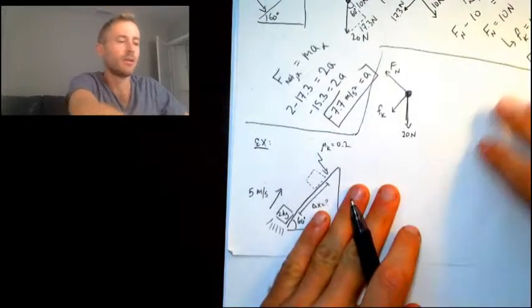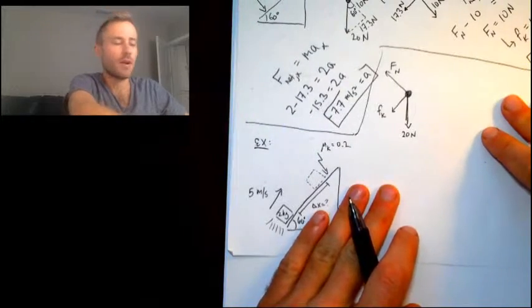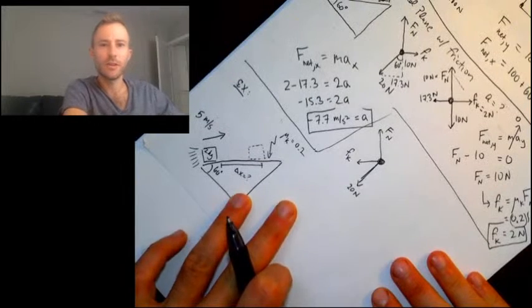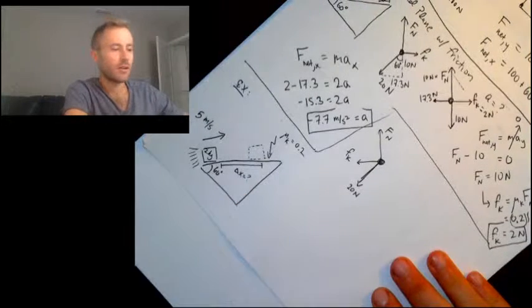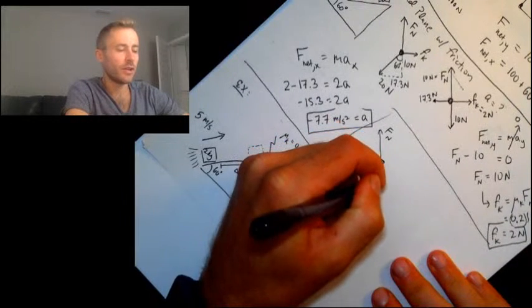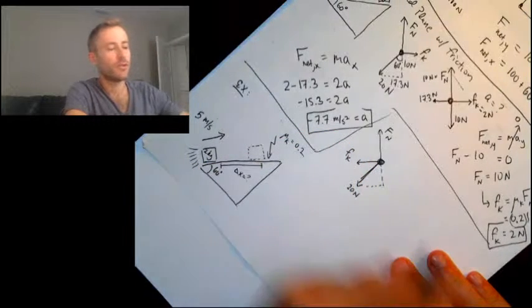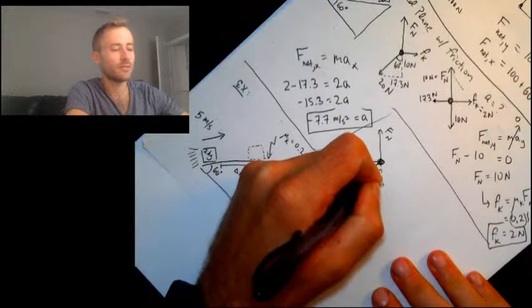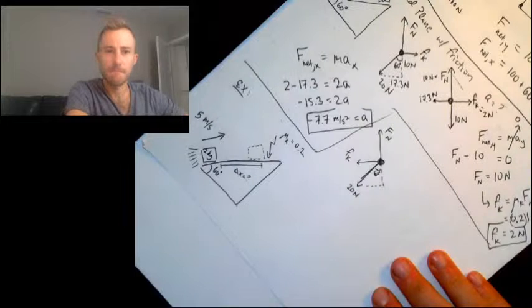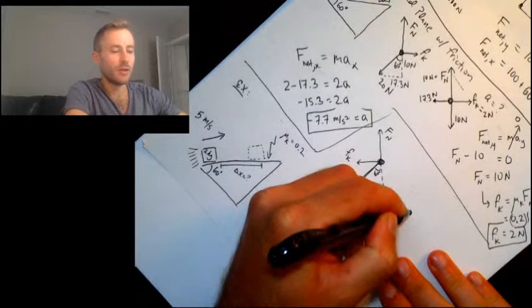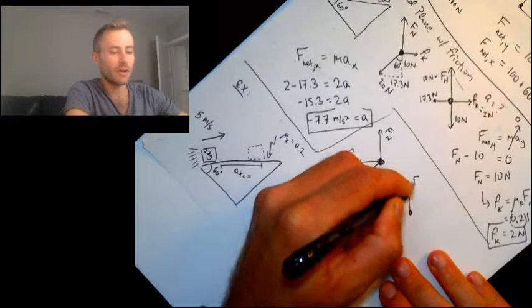I'm going to rotate my paper again so that now it's like this, and I've rotated the weight force again by 60 degrees. I'm going to redraw my free body diagram and reuse all of the math that I did.